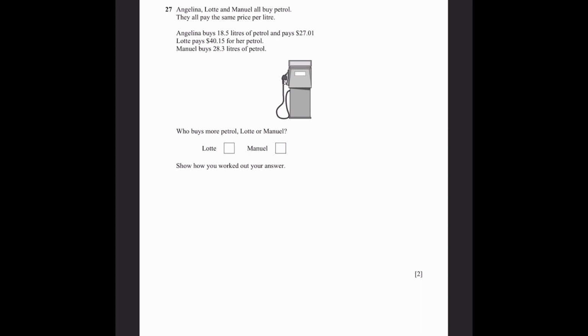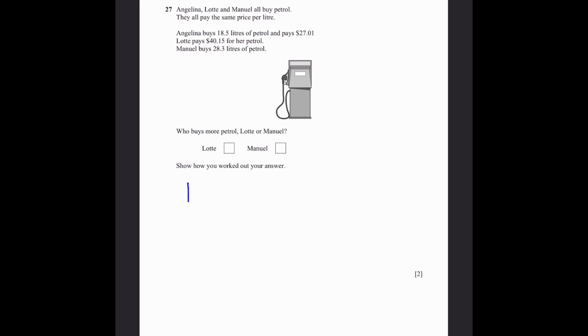We need to find out how much petrol Lotte paid for. So first we need to find out how much petrol you get for $1.